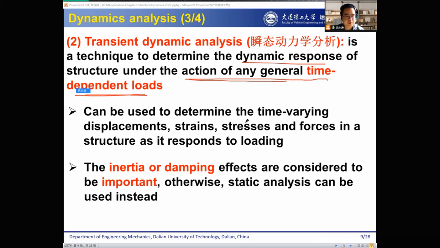It can be used to determine the time-varying displacement, strain, stress and force in a structure as its response to the loading. The inertia and damping effects are considered to be important. Otherwise, static analysis can be used instead.